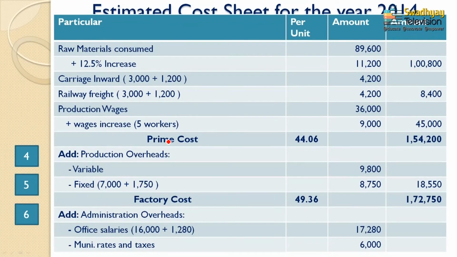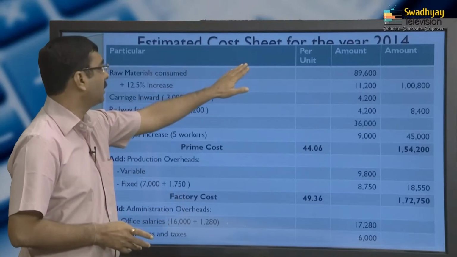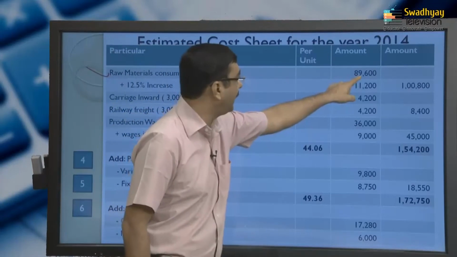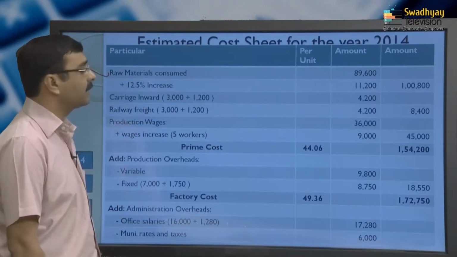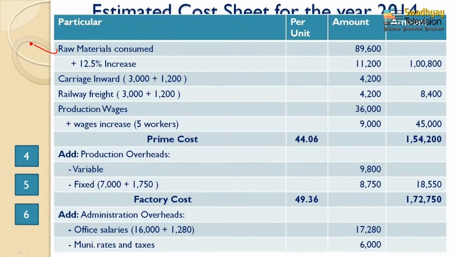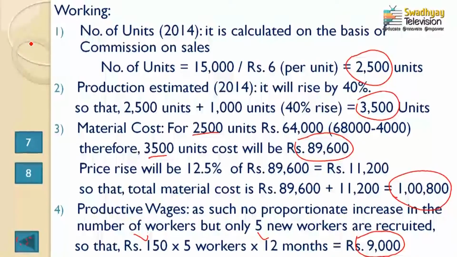Now see here the second part of the answer, and that is your cost sheet. This is the estimated cost sheet for the year 2014. First is raw material consumed. We found 89,600, and this we found on the basis of certain calculations, which we already identified.